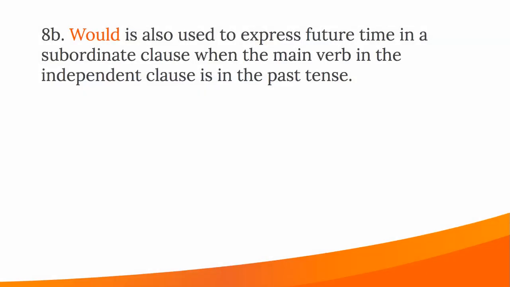Would is also used to express future time when you have a complex sentence. So the independent clause has the main verb in the past tense, and the subordinate clause is going to use would instead of will.